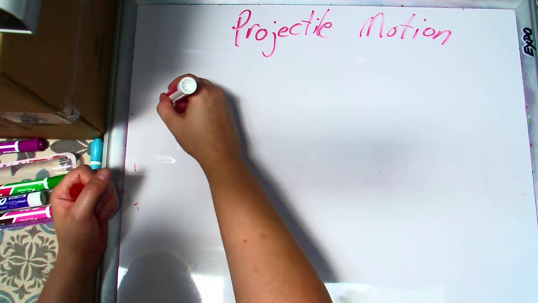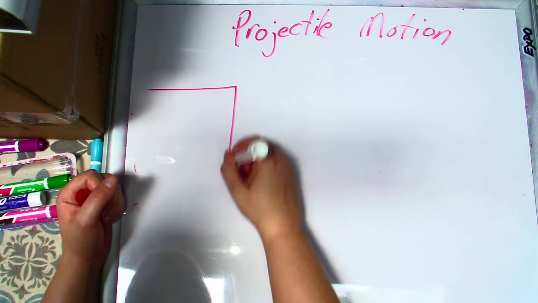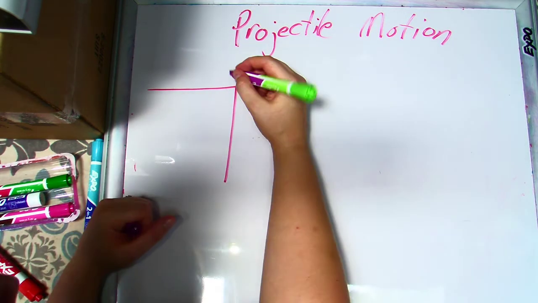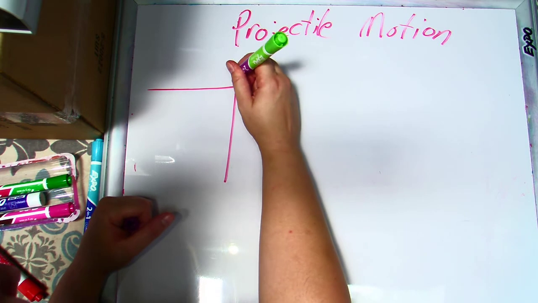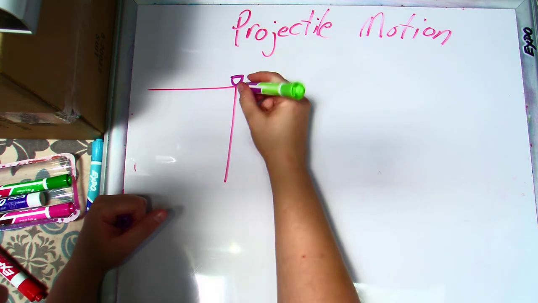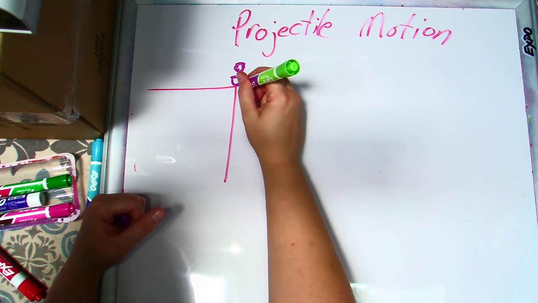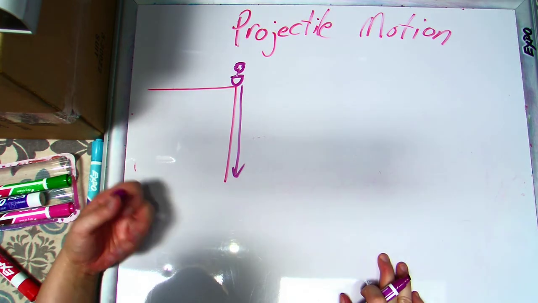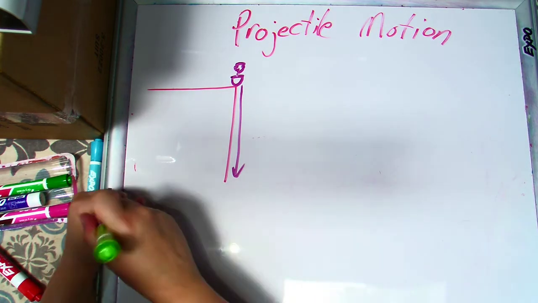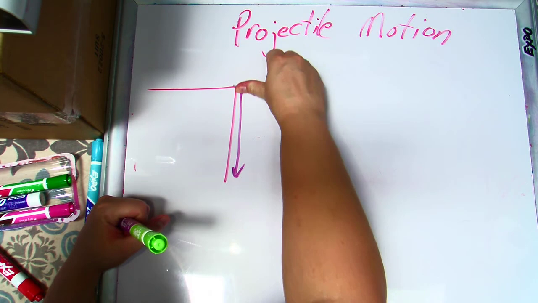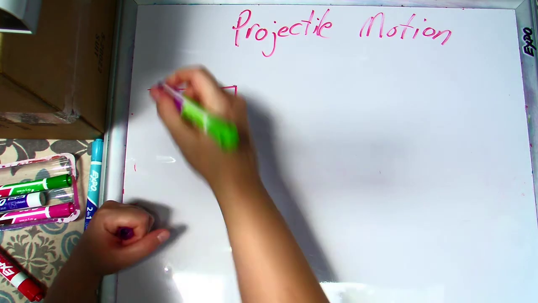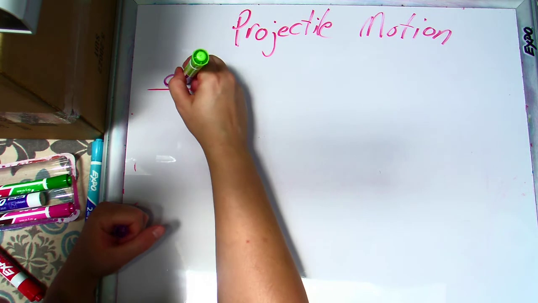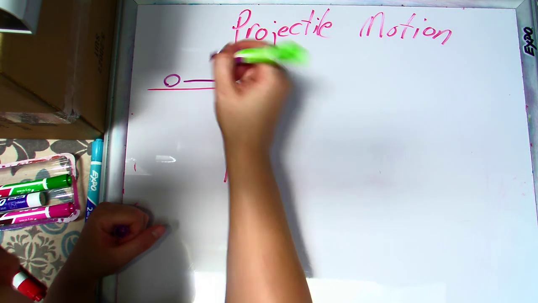So remember, when we were talking about free fall, there was maybe a flower pot sitting at the edge, and then it just fell off. In that case, gravity was the only force acting on it. But what if there was a ball on top of a table and it was pushed and it started moving towards the edge?